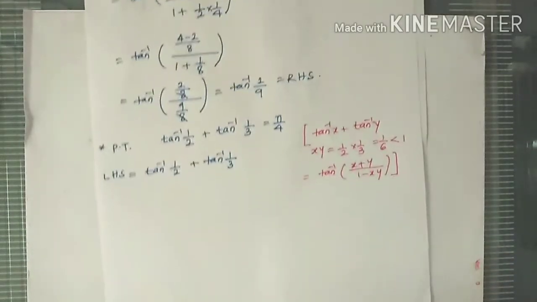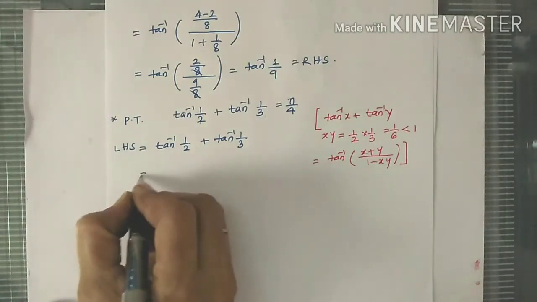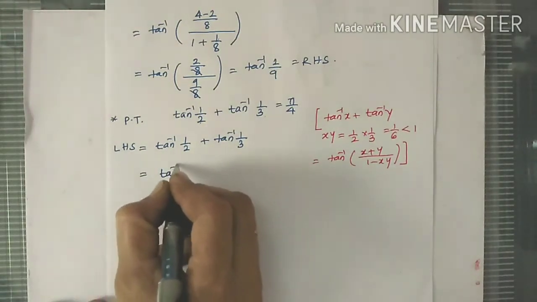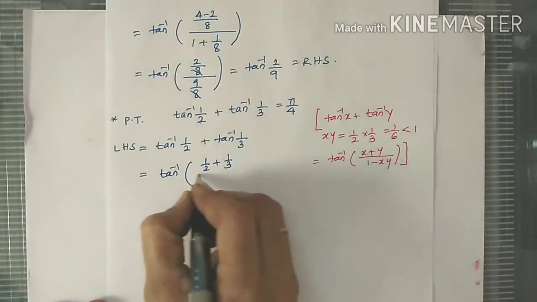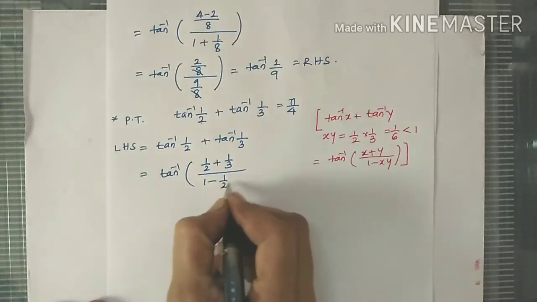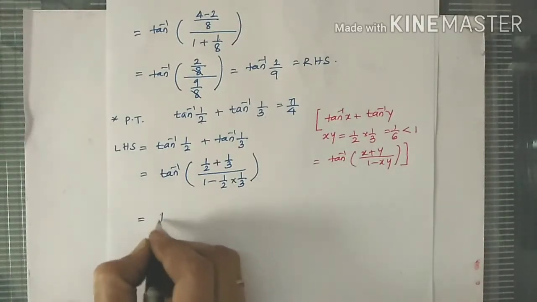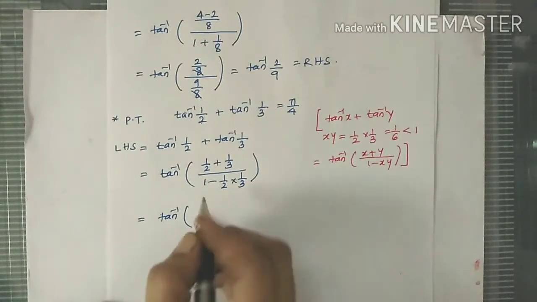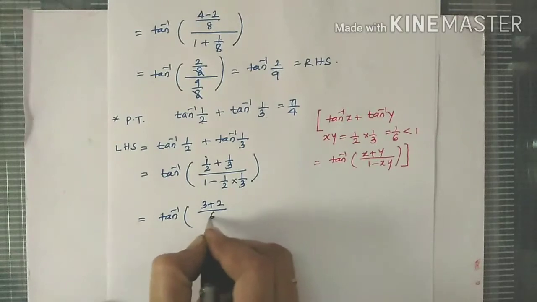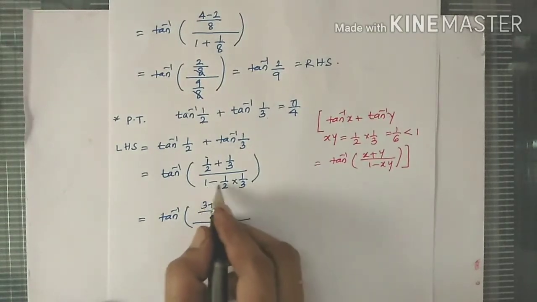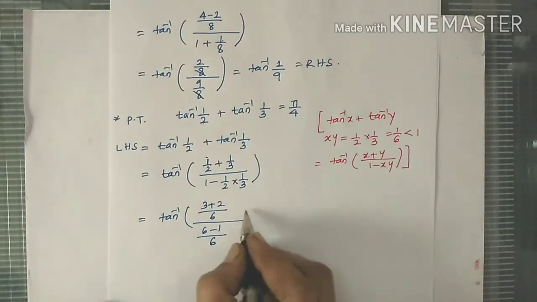So let's use the property. Using the property, this term becomes tan inverse of (1 by 2 plus 1 by 3) upon (1 minus 1 by 2 into 1 by 3). So that is tan inverse of (3 plus 2) upon 6, divided by 1 minus 1 by 6, which is (6 minus 1) by 6.